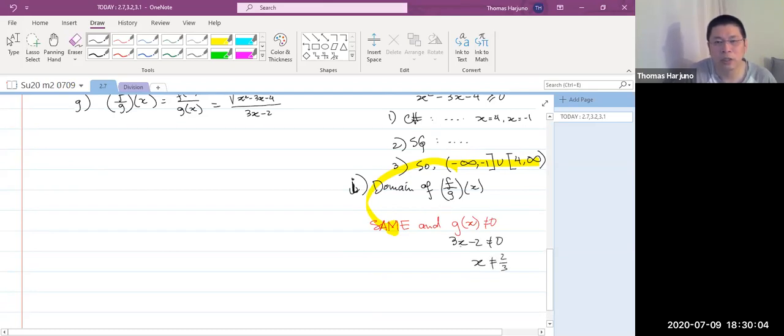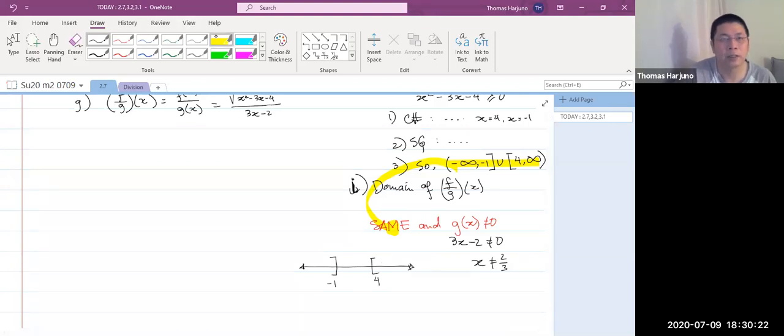Okay, now notice that this 2/3 happens to be not in the domain of the function f of x anyway.